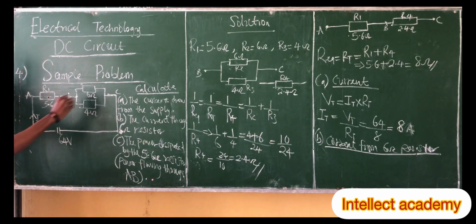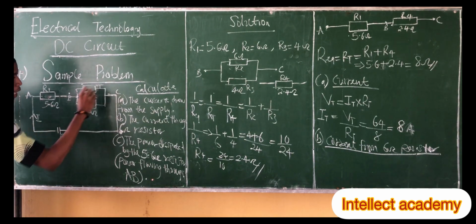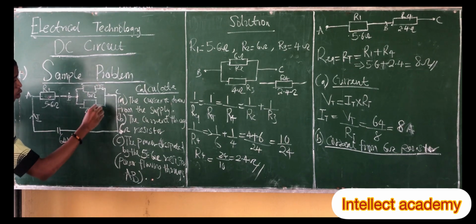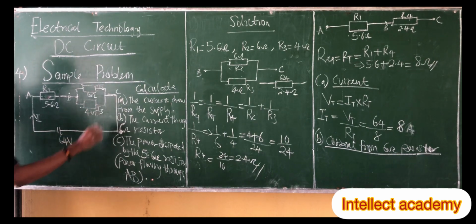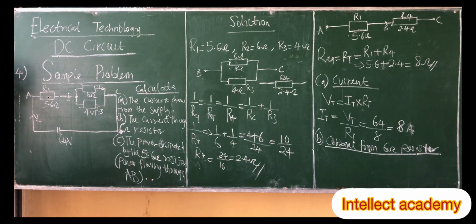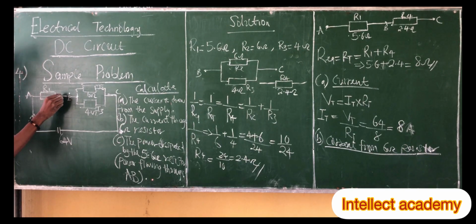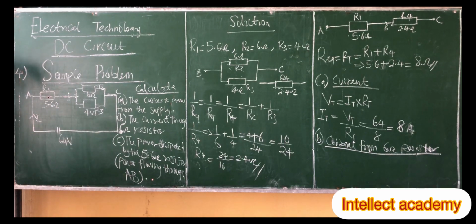So therefore, there will be a current for R2, right? And there will be a current for R3. So the concept is easy. It flows from here to here, it comes here, and it splits into two currents. Because we say that the voltage in parallel is the same, while the current is different. Each resistor has its own current.